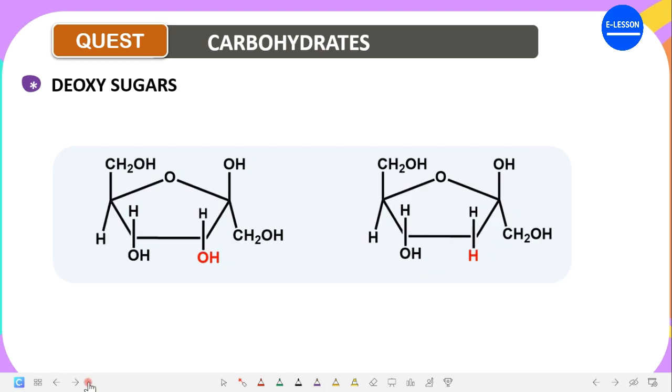Now, the next one, the deoxy sugars. What is the meaning of DNA, if I may ask? Everybody will say DNA means deoxyribonucleic acid. You are going to look at this in a later chapter, so let's not rush into that.